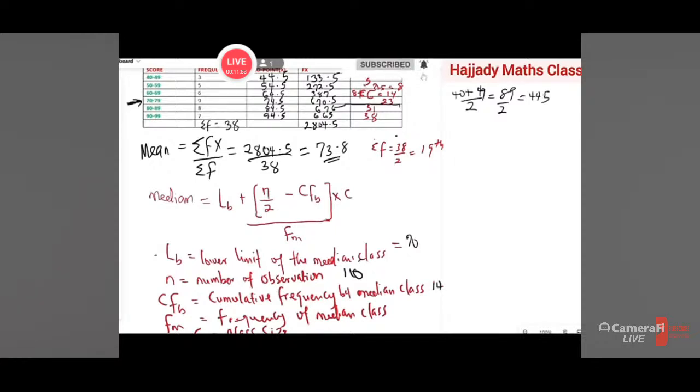And lastly, we have the frequency of the median class. The frequency of the median class is 9. Okay? So the frequency of the median class is 9.